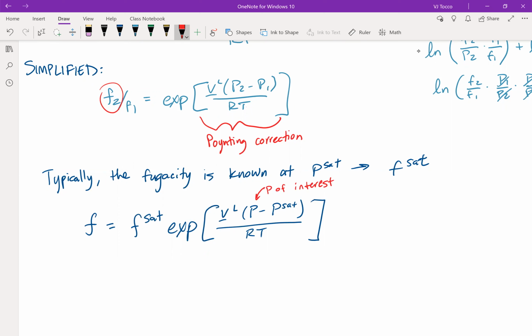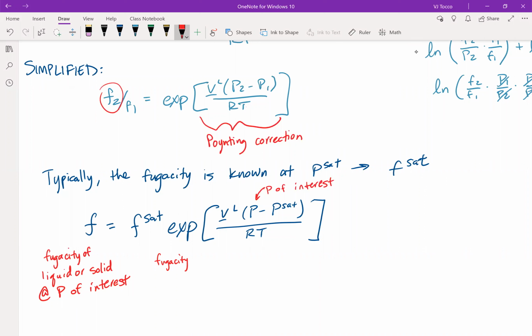This F is the fugacity of liquid or solid at a pressure of interest. And that's where this P of interest comes into play. All right, Fsat is the fugacity of saturated vapor.